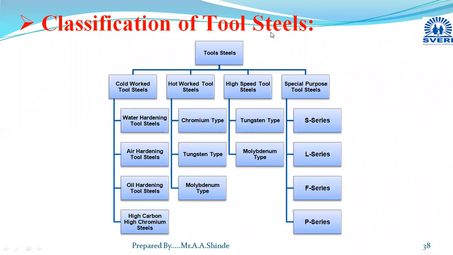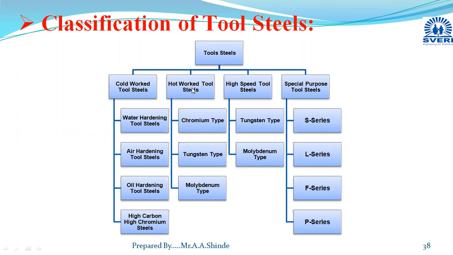The tools used for cold working operations will be termed cold working tools, and the tools used for hot working operations will be termed hot working tools. And the specific steel category used for this will be categorized as cold working tool steel and hot working tool steel. Now we will discuss the cold work tool steels in brief.